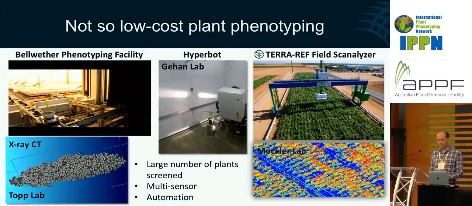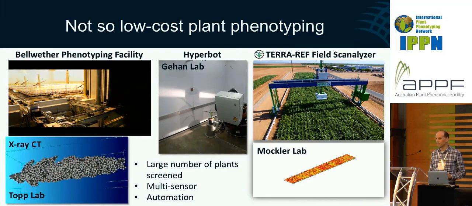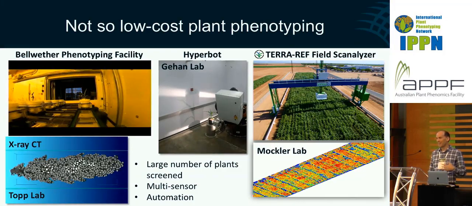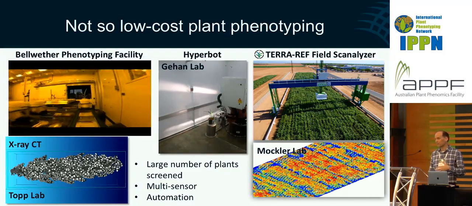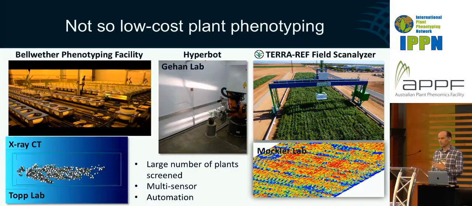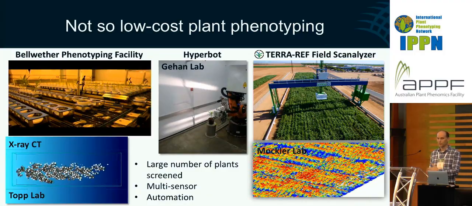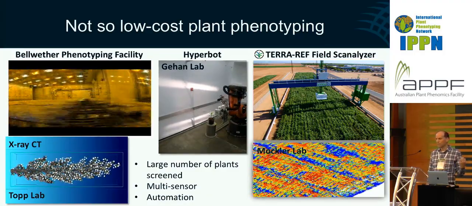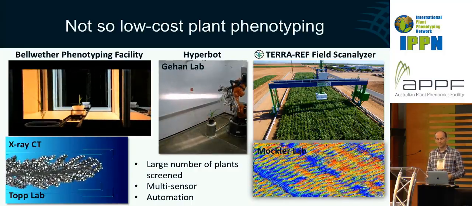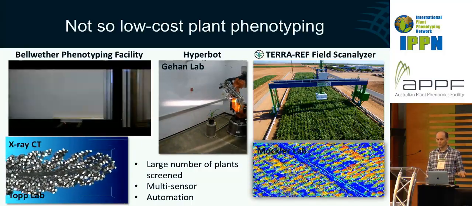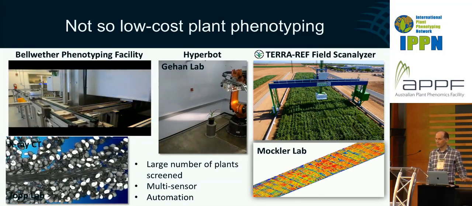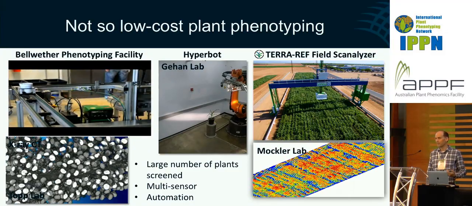But obviously there's a fairly high cost of running experiments on them, and they're pretty time consuming to set up. The TerraRef system, for instance, is dedicated to essentially one project, so it's largely just growing sorghum year-round. And the Bellwether system, because it's quite popular to use internally, if you want to do an experiment on it, you have to think a long time in advance about getting access to it and setting up your experiment.